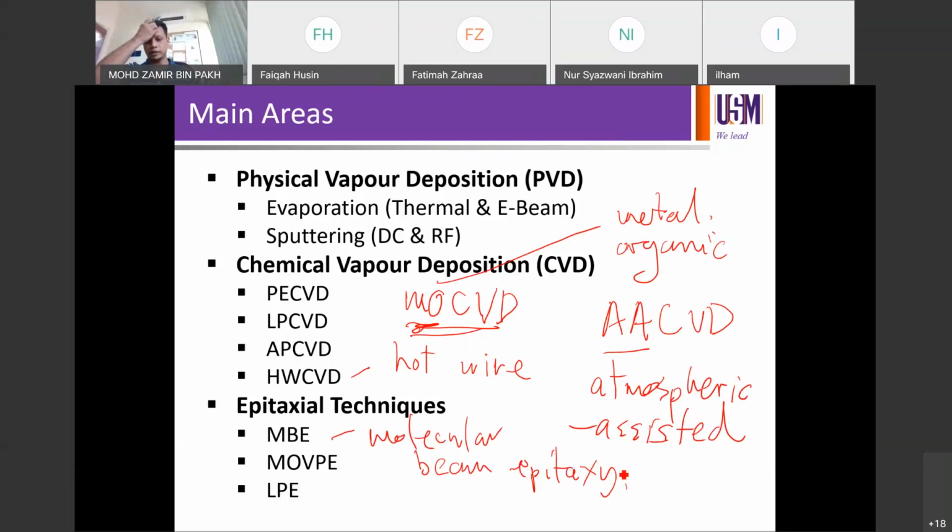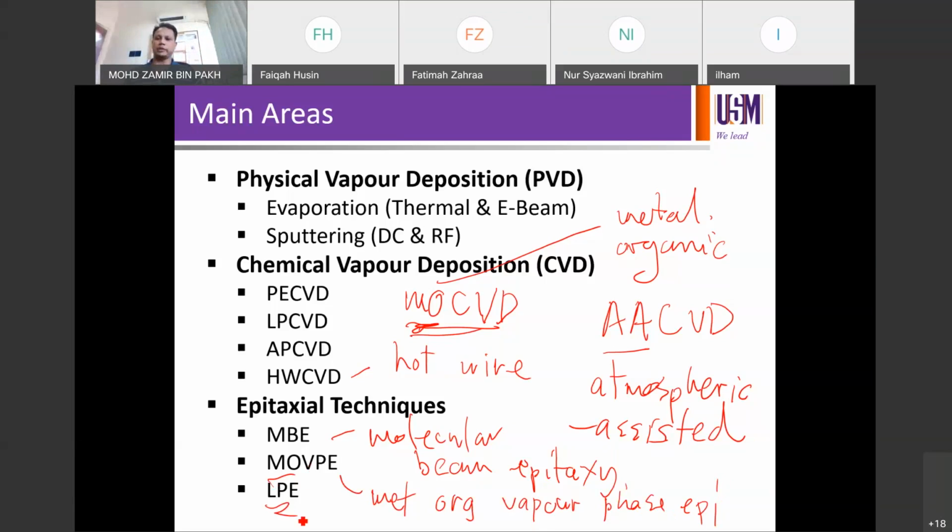But the equipment is still there. We're going to dispose of the equipment. MOVPE, metal organic vapor phase epitaxy. Metal organic is the same, metal organic vapor phase epitaxy.